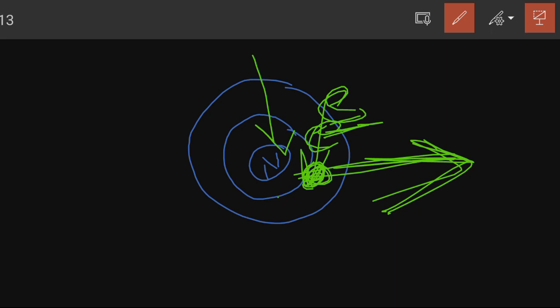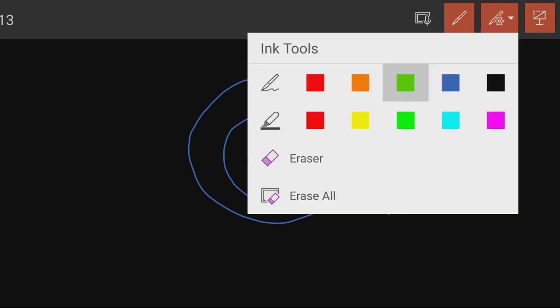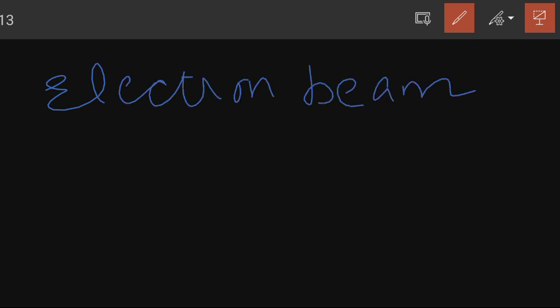Now let us understand the different instruments that are used in energy dispersion spectroscopy. The first one is the electron beam source.